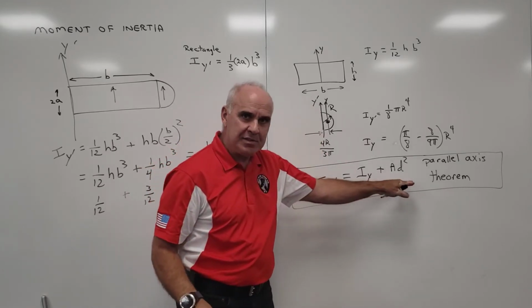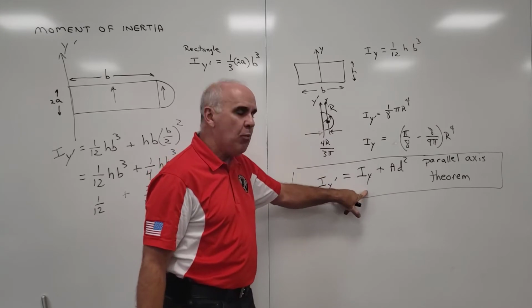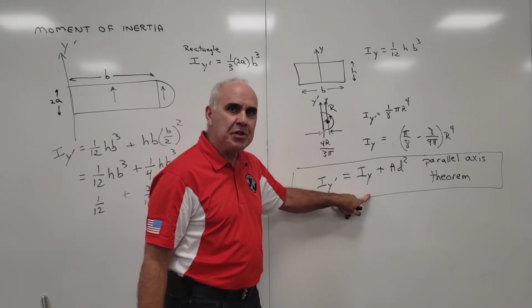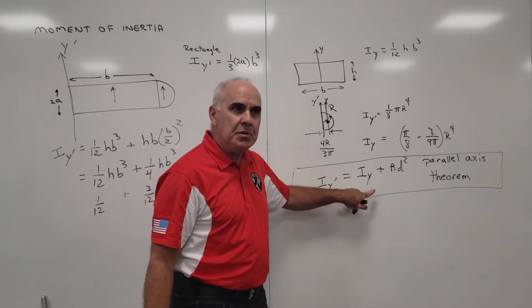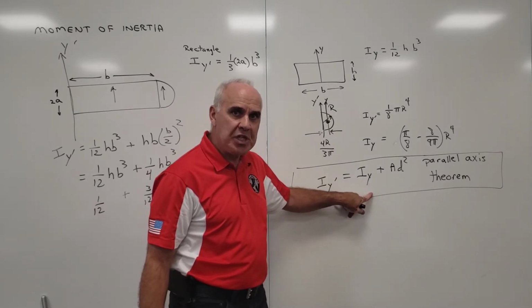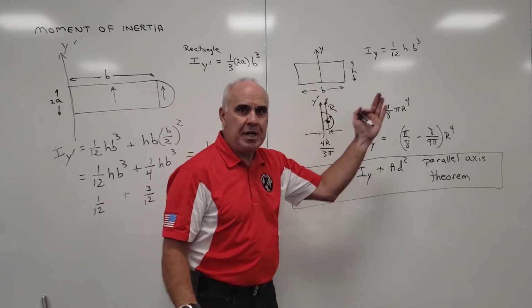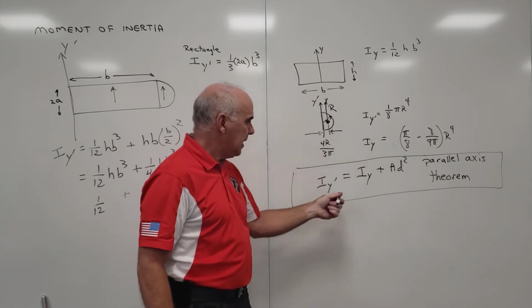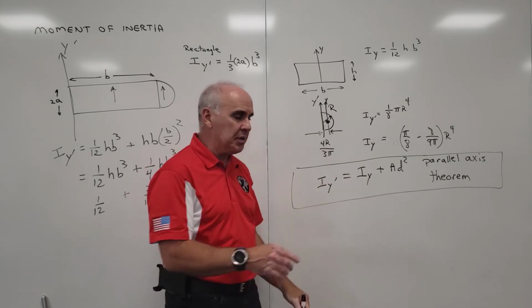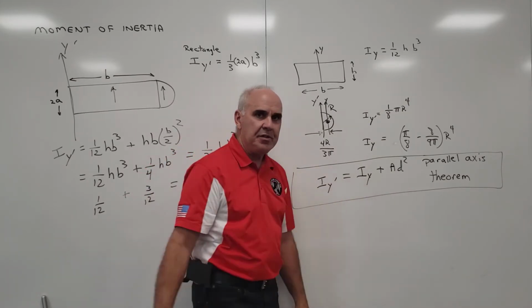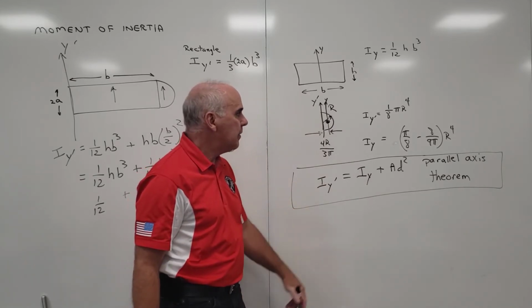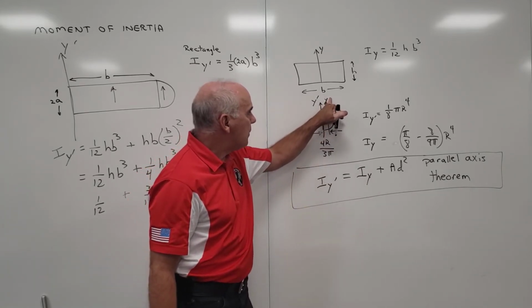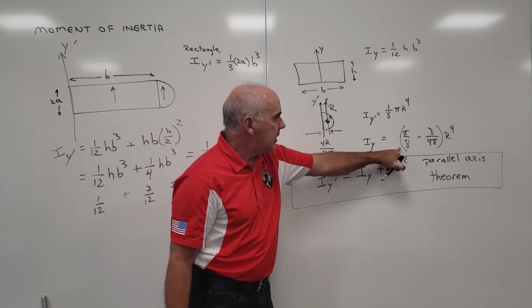But the parallel axis theorem is very specific. Iy is the moment of inertia through the center of mass of the shape. It's not through any other axis, any other position. This has got to be, super important, the center of mass of the shape we're interested in.